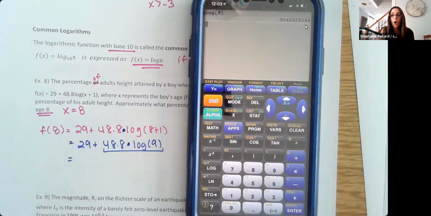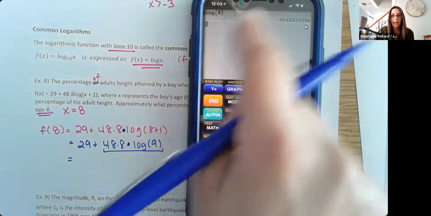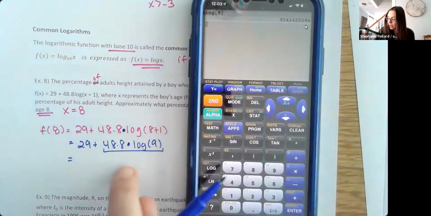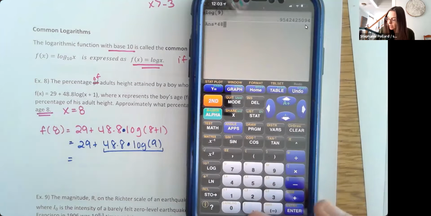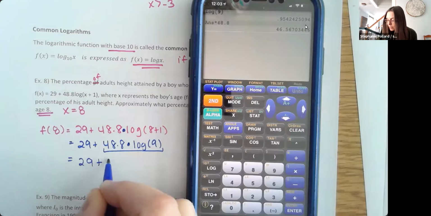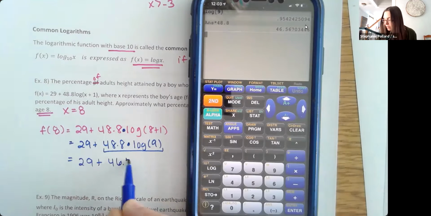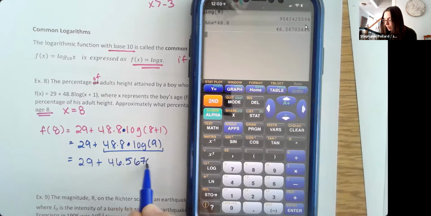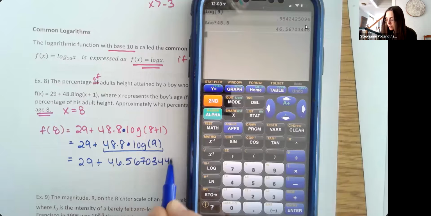And you want to use all those decimal places. So if you want to write it out, you can. I'm just going to leave it in my calculator and I'm going to multiply that by that 48.8. And now I have 29 plus 46.5670346.